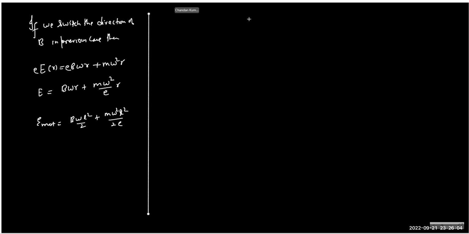So if B is not given in terms of direction, whether it's dot or cross, I can say the E max we can get is this, and E minimum we can get is this.